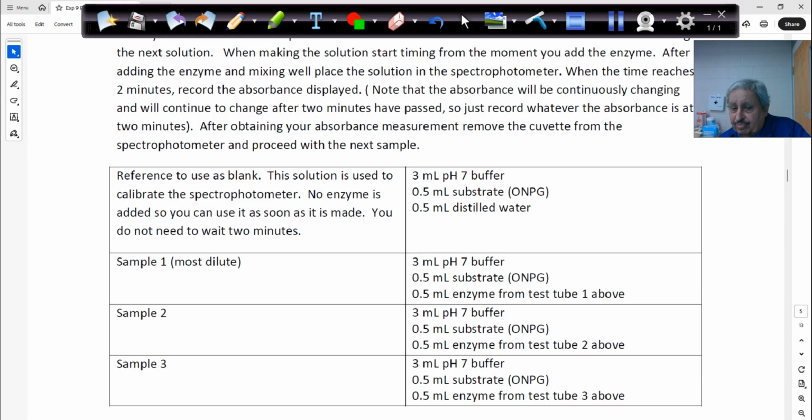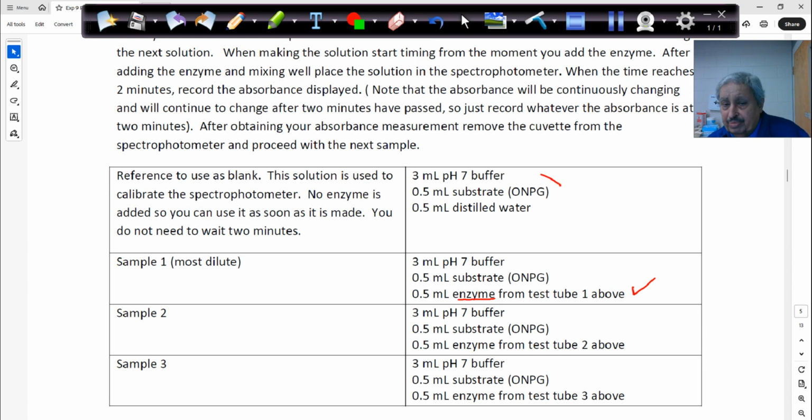You add half a ml of the enzyme solution from test tube 1, the most diluted one, half a ml of substrate reactants or LPG, and 3 ml of the buffer pH 7. So this is test tube 1, correct?